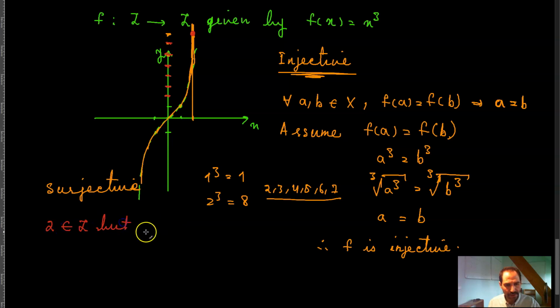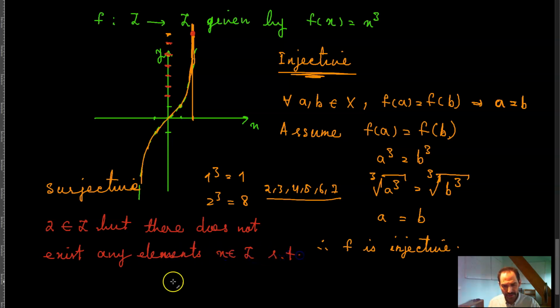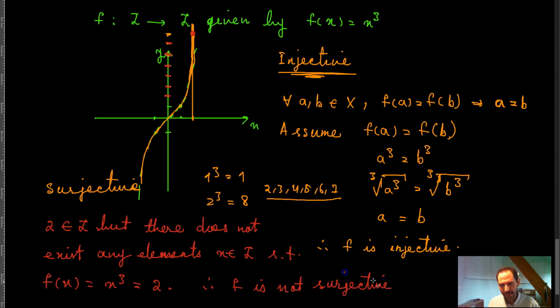But there does not exist any element x belonging to Z such that f of x is equal to x cubed is equal to 2, and therefore f is not surjective. F is not surjective, right?